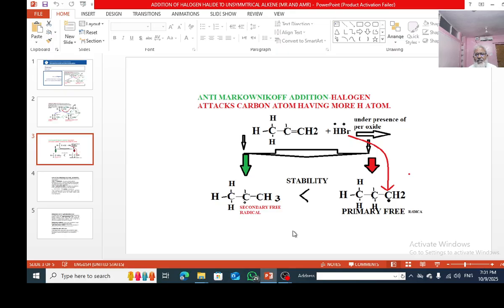Markovnikov versus anti-Markovnikov rule. In certain cases such as HBr and organic peroxide, the addition reaction follows the anti-Markovnikov rule. As I have already told, anti-Markovnikov addition takes place in the presence of peroxide. If the peroxide is not present, no anti-Markovnikov addition will take place. Here the halogen attaches to the carbon with more hydrogen, opposite to the Markovnikov pattern.